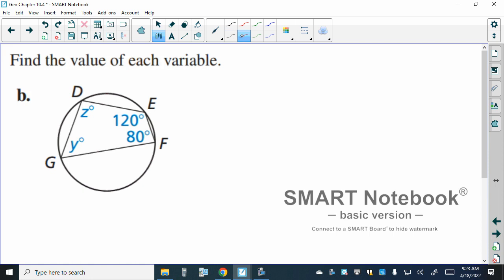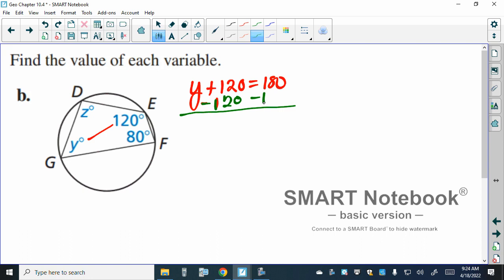So, y and 120 should add together to be what? 180. So y plus 120 is equal to 180. What can we do to find y? We can subtract 120 from both sides, which tells us y is 60.